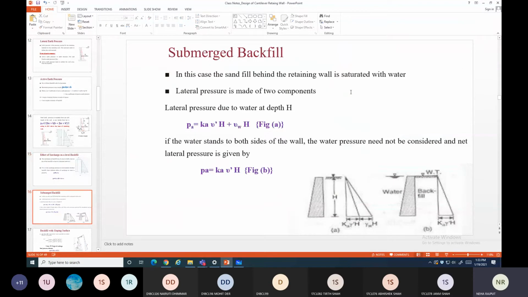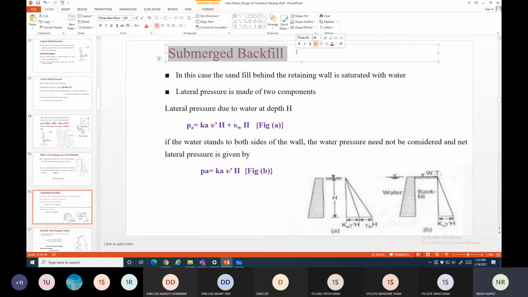Then maybe your soil is not dry but submerged in water, maybe your soil is saturated soil. The saturated soil weight and dry soil weight are different and the pressure is also different. So if the submerged backfill is there, meaning the backfill or the soil mass is saturated with water, then the pressure value will change.